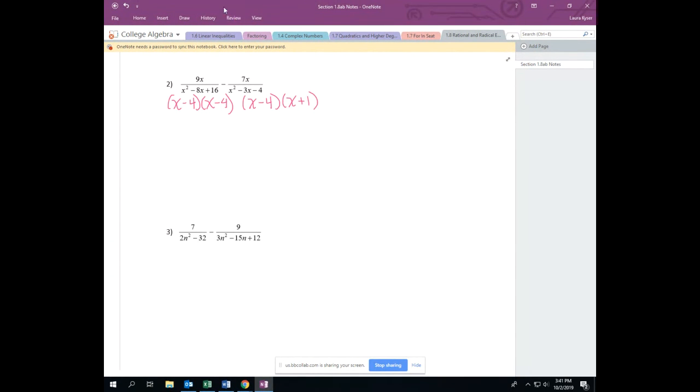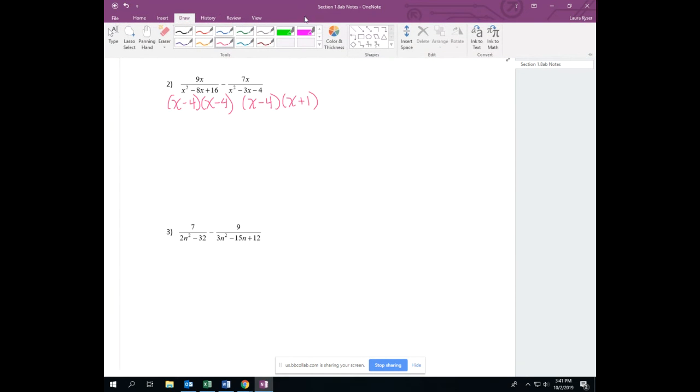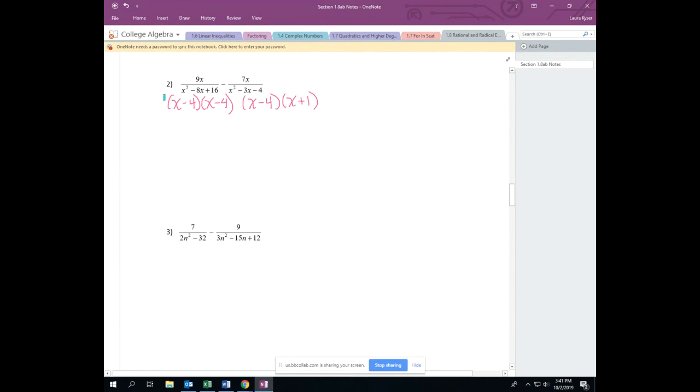Now, these two things are factored, and we can take a look at them and see if they have any common factors and any uncommon factors. So I want to begin by looking for common factors. If you take a look here, we've got an x minus 4 on this side and an x minus 4 on this side.